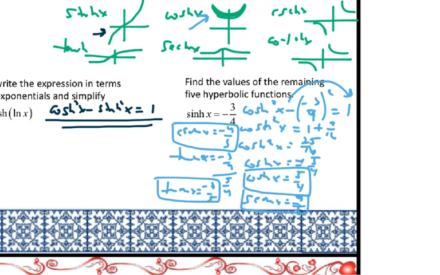And that leaves one more, and that would be cotanh, and we're just going to do the reciprocal. We're just going to flip it upside down. So cotanh is negative 5/3.